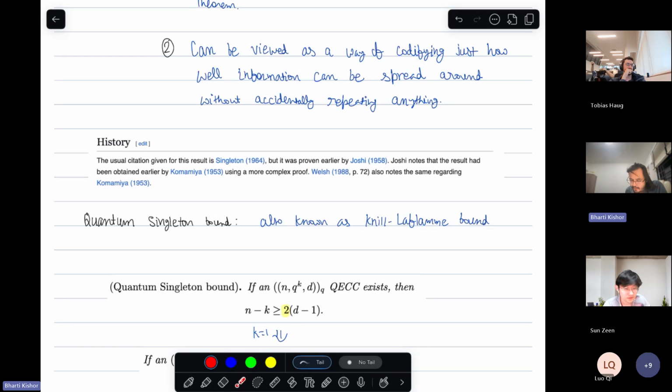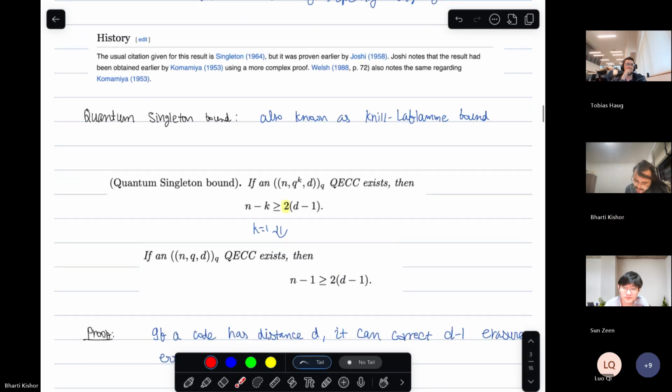And there is a later work by Welch that also notes that it was Komamiya. So maybe we should call it the Komamiya-Joshi-Singleton bound, instead of just the Singleton bound. Everywhere in the books people call it the Singleton bound, but it's better to call it the Komamiya-Joshi-Singleton bound, because it was Komamiya first, then Joshi, then Singleton.